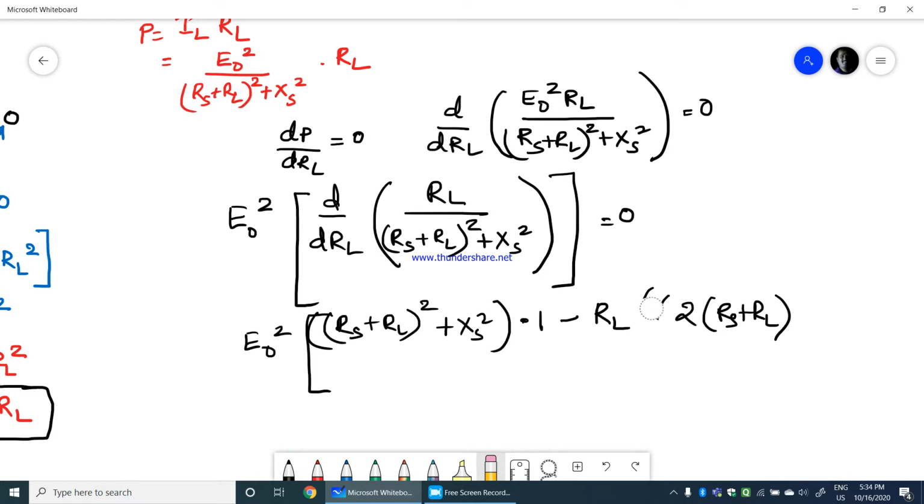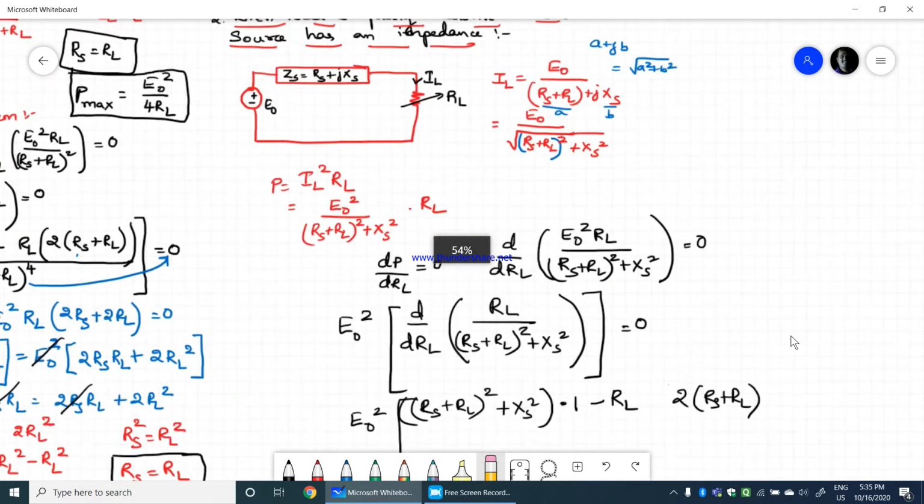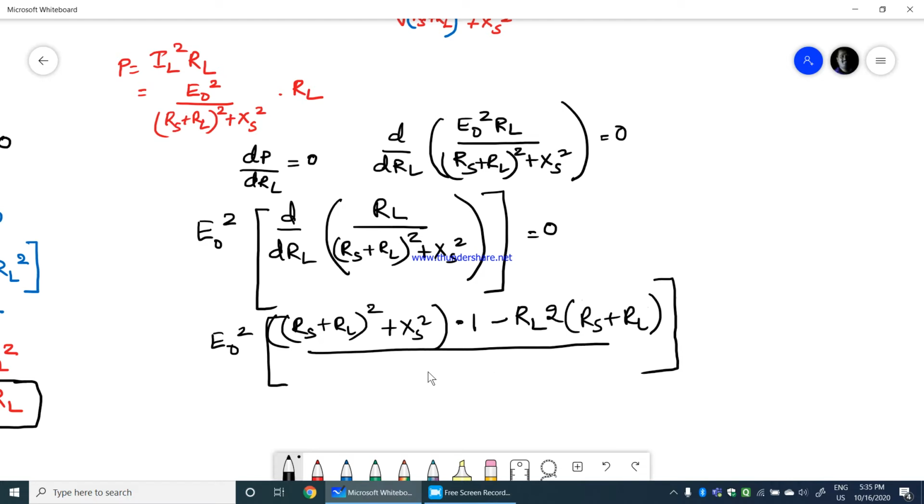Okay, and divided by RS plus RL the whole square plus XS square, the whole square, equals 0.